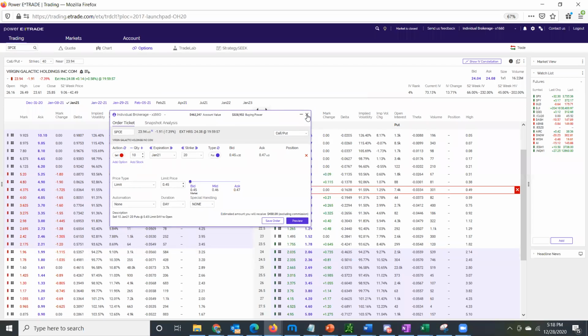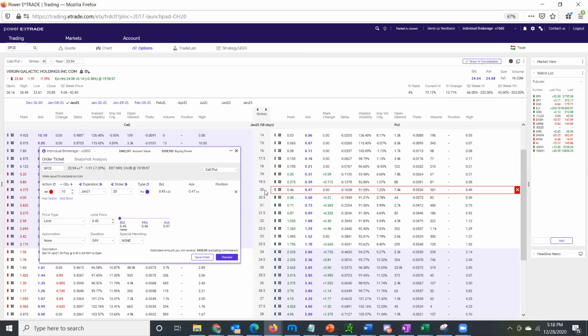You are selling this strike 20. What does that mean? If the stock falls below $20, they are going to assign the stock to you at $20. But if the stock stays above 20, you keep the whole premium here.